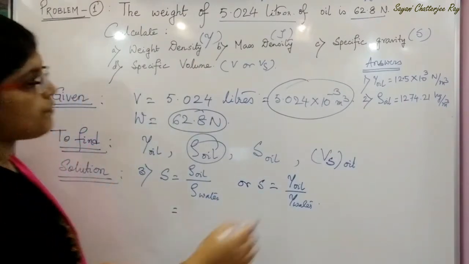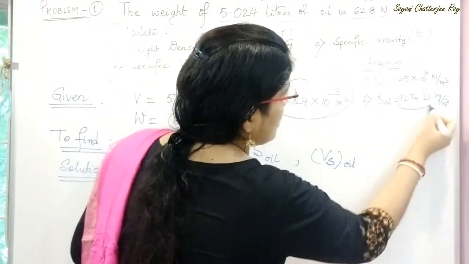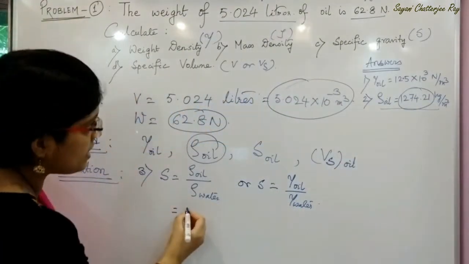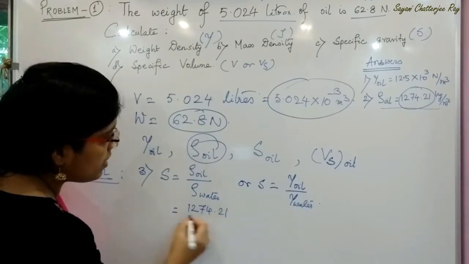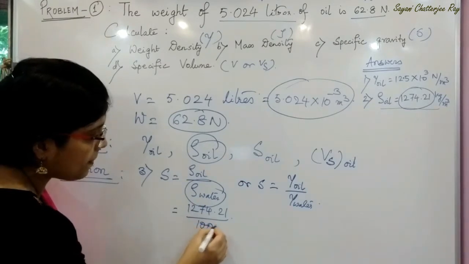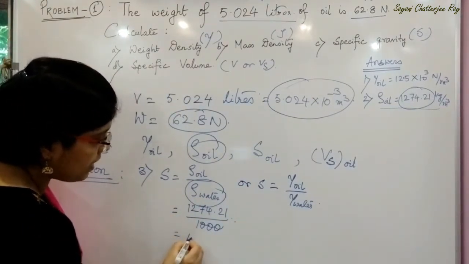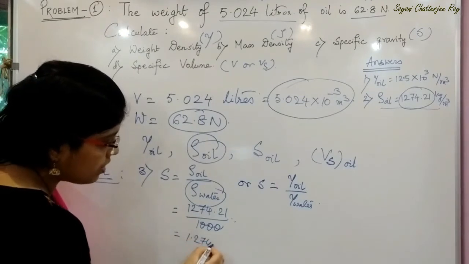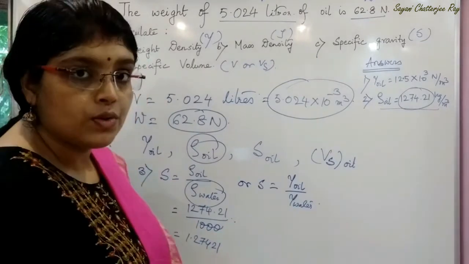We have already found the value of rho oil. What is the value of rho oil? In our earlier answer we calculated 1274.21. Rho water is 1000. So dividing these two, we get 1.27421. It does not have any unit. I hope all of you know this.